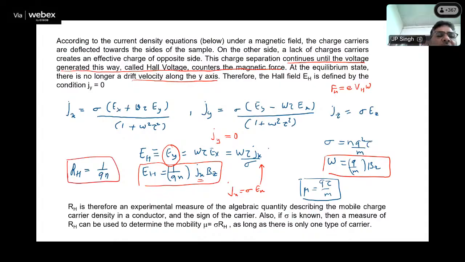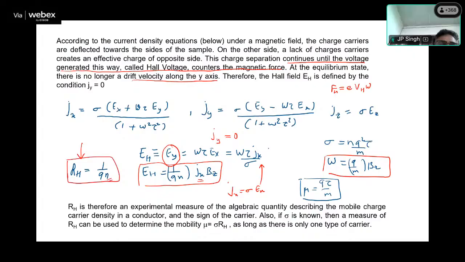So 1 over Qn is known as the Hall coefficient. This number is very important, because if the Hall coefficient is positive or negative, it tells us the type of carriers. If Q is negative, the carriers are electrons. If it is positive, the carriers are holes. So we get the idea whether it is electron or hole, the type of the charge carrier.